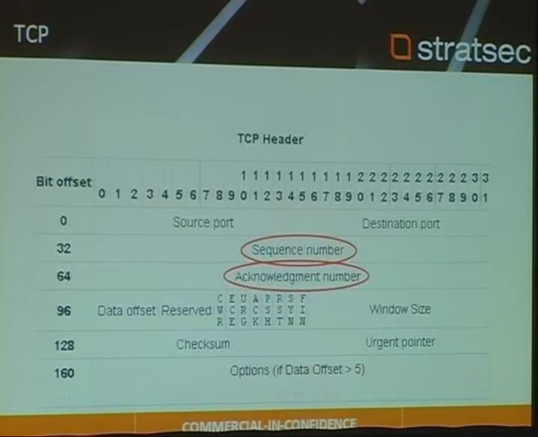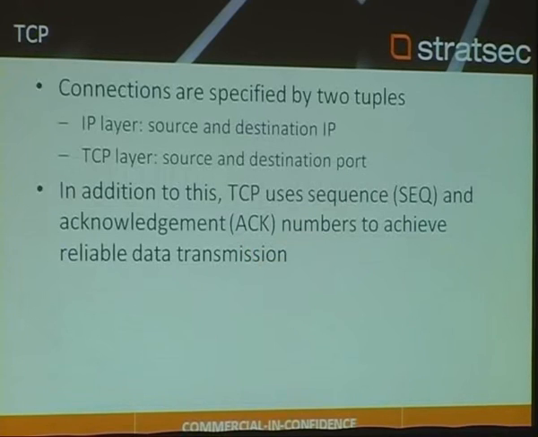So the relevant parts of the TCP packets we need to look at are obviously the source and destination port, which specify a connection, and the sequence and acknowledgement numbers. When we have a TCP connection, what we really mean is we're sending packets from one IP to another, from one source port on the source IP to the destination port on the destination IP.